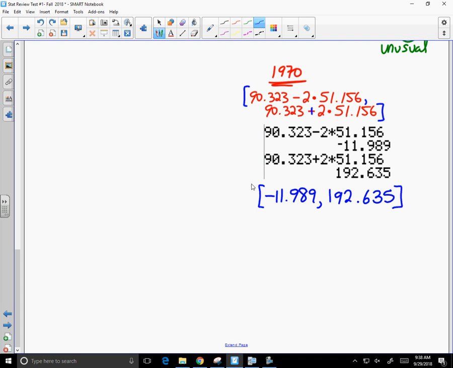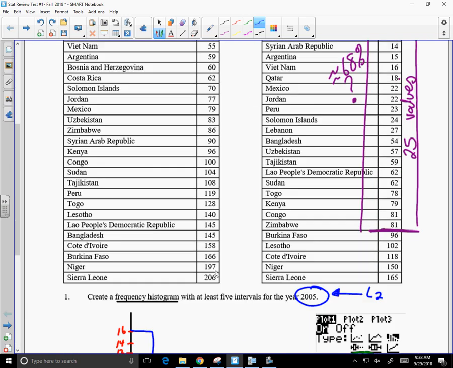This is one of those cases where if you come up with this interval and you didn't copy off someone else, how else would you have come up with that interval unless you knew what you were doing? So, good. Keep doing what you're doing, short of cheating. So, anything north of 192 would be considered unusual.